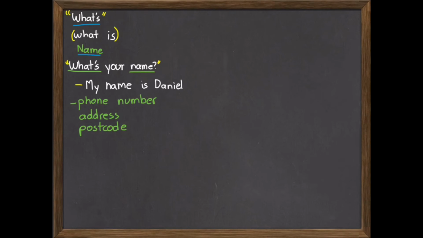We could also ask for more information. For example, a phone number, an address, or a postcode. You could ask another person for this information. You just have to put these words at the end of this question. We will use this as an example.